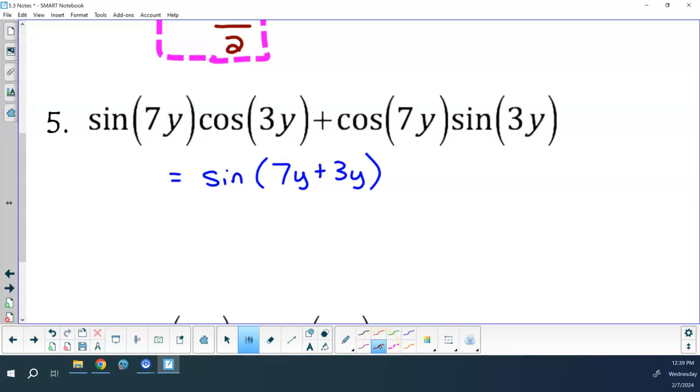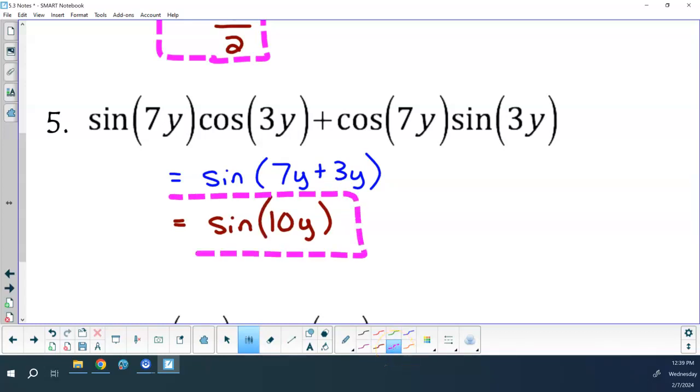Seven y plus 3y. So that simplifies to be the sine of 10y.